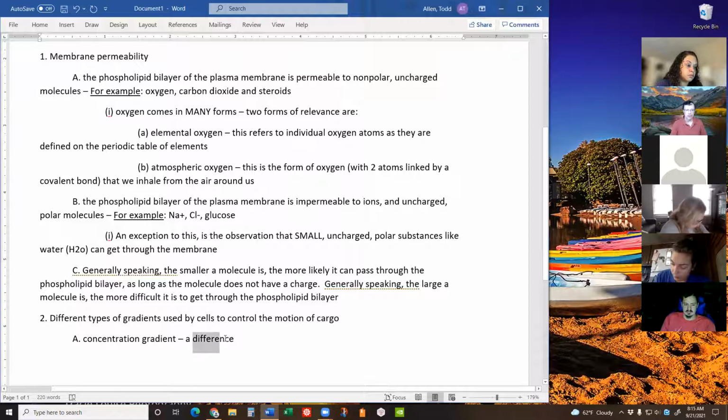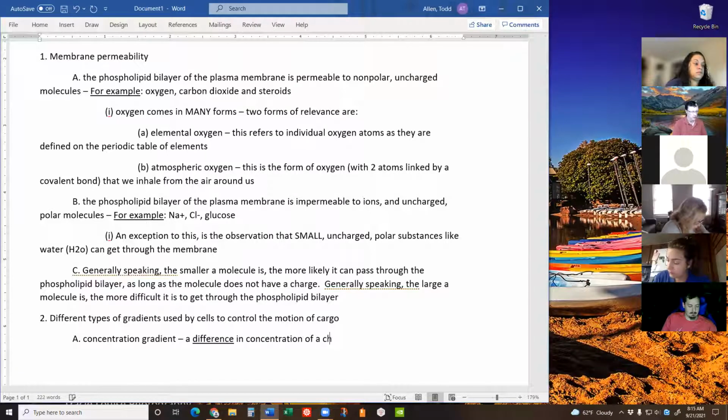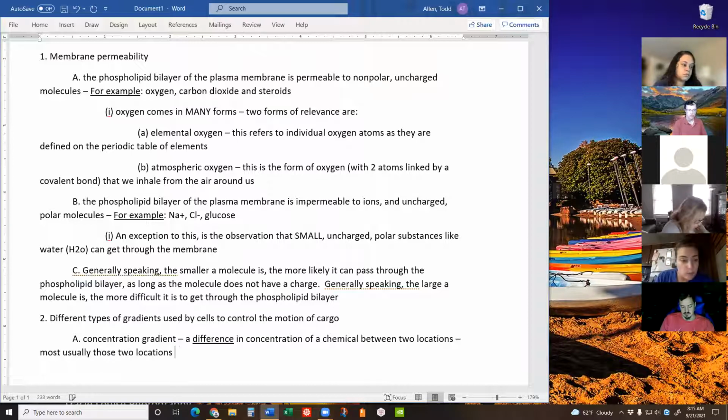A gradient refers to a difference in concentration of a chemical between two locations. Okay, most usually those two locations are inside the cell and outside the cell. That would be the two locations. All right, so cells will maintain a concentration gradient to regulate the motion of certain kinds of cargo.